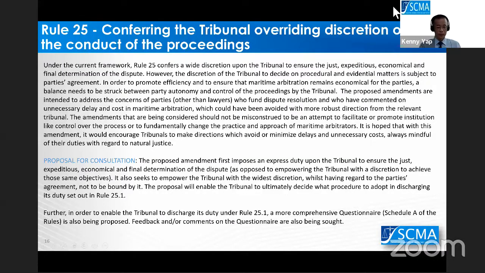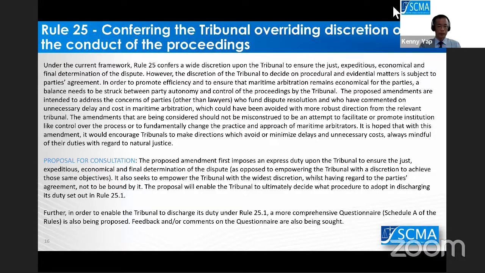Now, in order to promote efficiency and to ensure that maritime arbitration remains economical for the parties, a balance needs to be struck between party autonomy and control of the proceedings by the tribunal. The possible amendment here is intended to address the concern of parties who fund dispute resolution and who have commented on unnecessary delay and cost in maritime arbitration, which could have been avoided if the tribunal had given more robust directions.